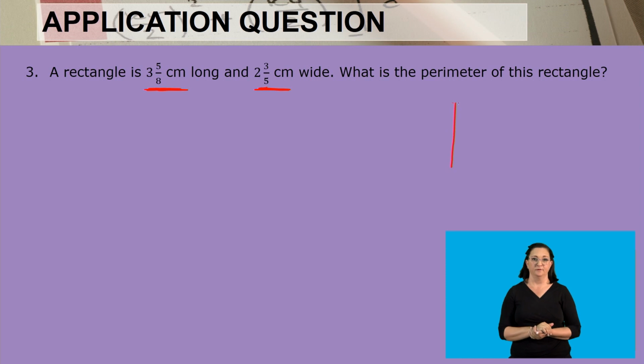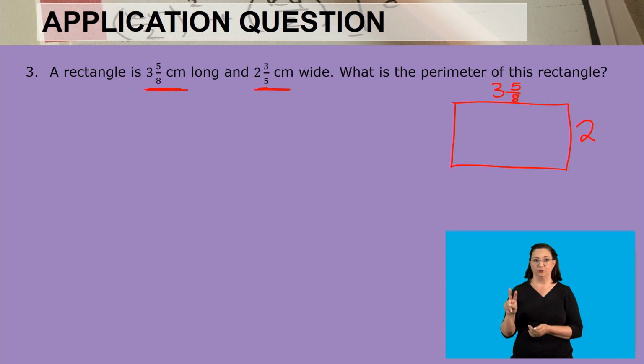We are going to label the rectangle as having a length of 3 5/8 centimeters, and the width is 2 3/5 centimeters.